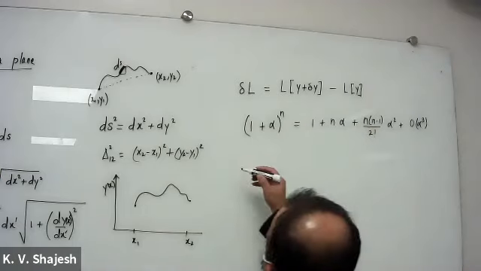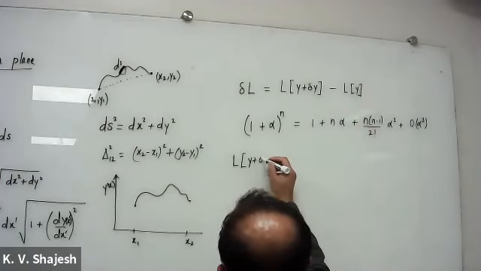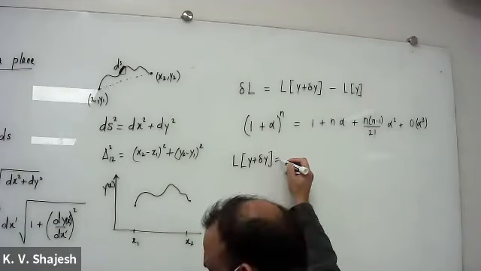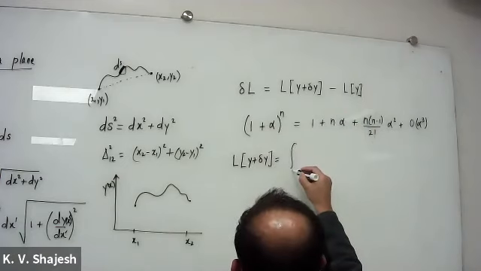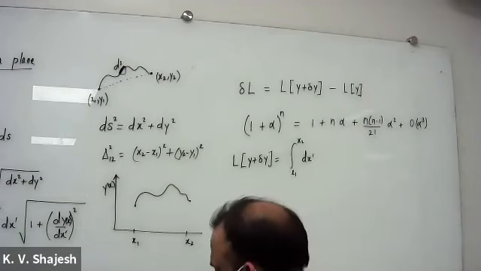In that sense, L of y plus delta y will be equal to the integral from x1 to x2 dx prime.